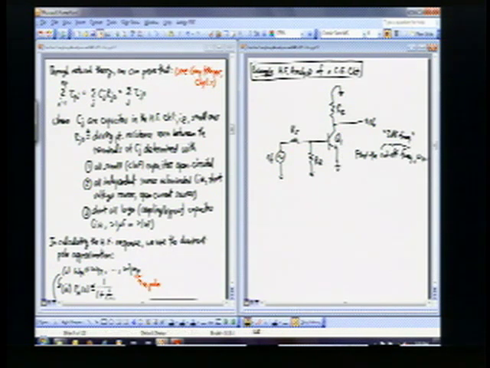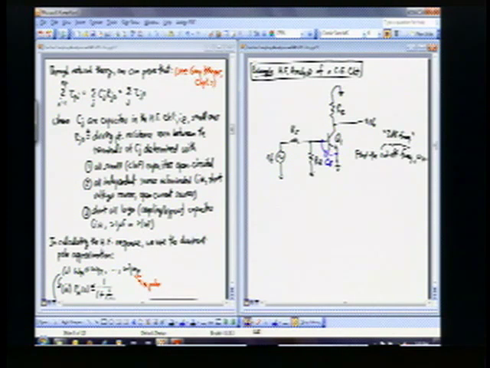Okay, so what's the first step that we need to do? The first thing I want to do is identify the capacitors that I'm going to have to worry about in this circuit. So where are my capacitors? Well, this comes back to the small signal circuits that you were playing around with in the first few lectures that your TAs were giving you. I know that I've got a capacitor right here. That's C pi associated with that transistor.